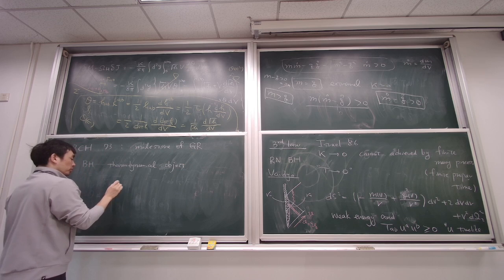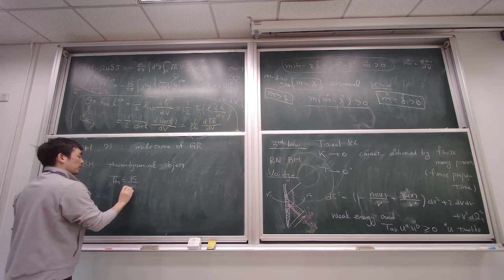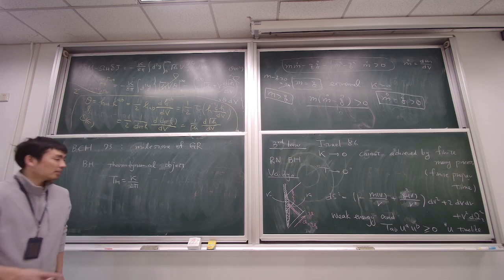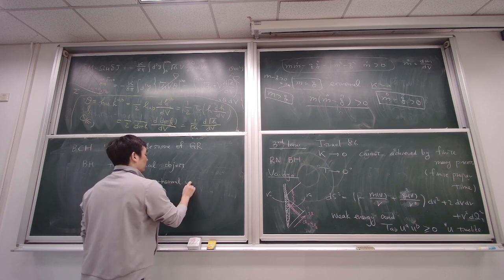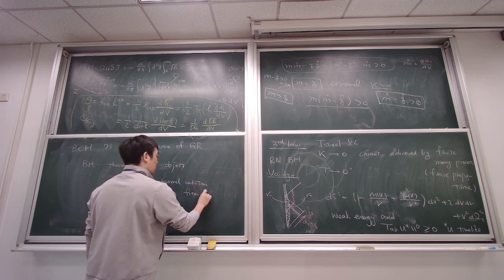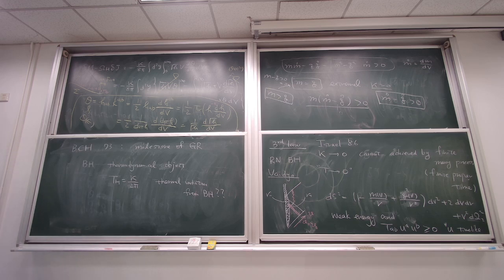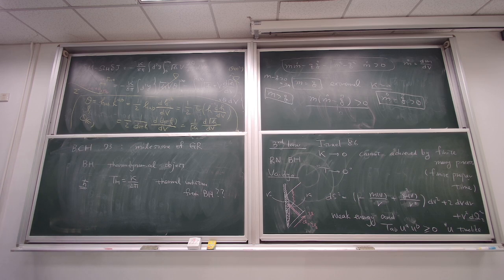So it has a temperature, T_H equal to kappa over 2 pi. So if it has a temperature, is there some thermal radiation from the black hole? You learned thermodynamics, like what Planck first found to introduce h bar and so on.